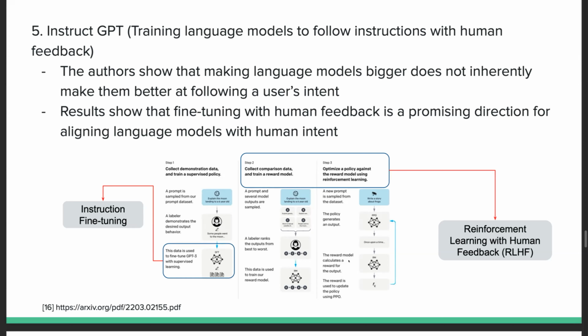In this paper, the authors introduced a couple of techniques to enable alignment. The first one was instruction fine tuning. In this approach, certain prompts were picked at random and shown to humans.